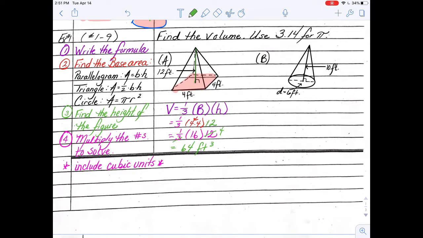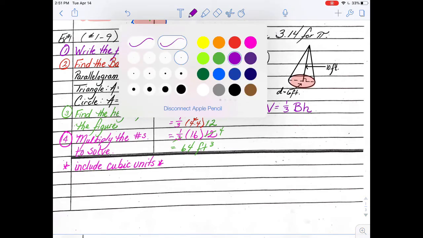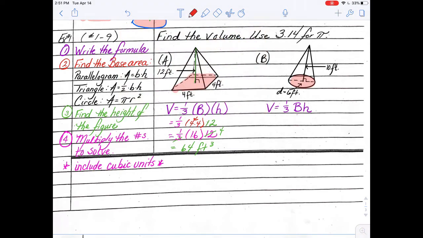Let's try it again, but looking at a cone. Same exact formula: 1/3 the base area times the height. Now let's find that base area. Remember, that's our circle, and I put all the formulas over here for you. The area of a circle is pi r squared.